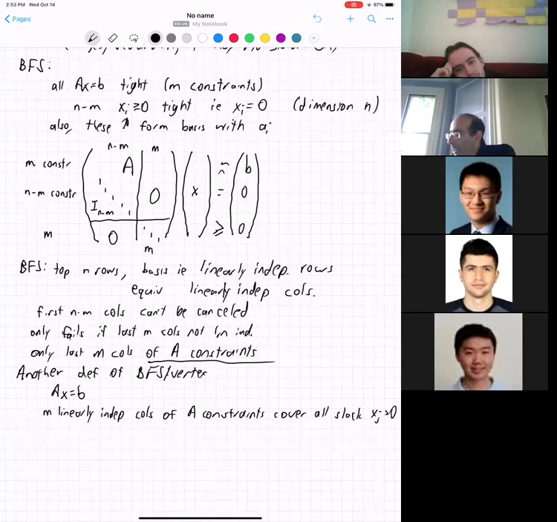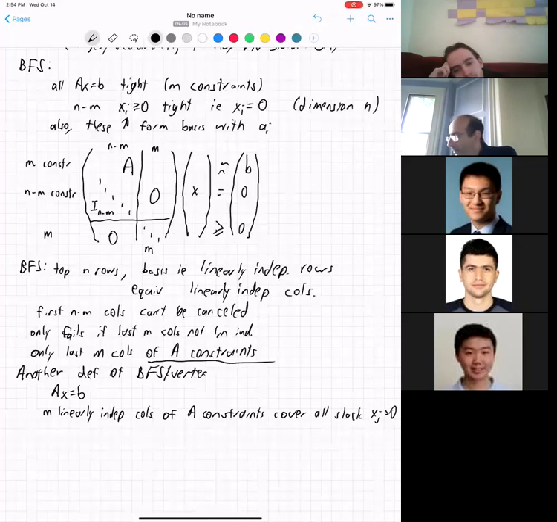So that shows me that all n columns of the upper matrix, the first n rows, are linearly independent, so they form a basis. That tells me that this upper matrix, this n by n matrix at the top, is non-singular, which means that its rows are also linearly independent. And that tells me that those n rows are n linearly independent constraints which are tight for the given x. And that's the definition of a basic feasible solution: it's a point which has n linearly independent constraints tight.